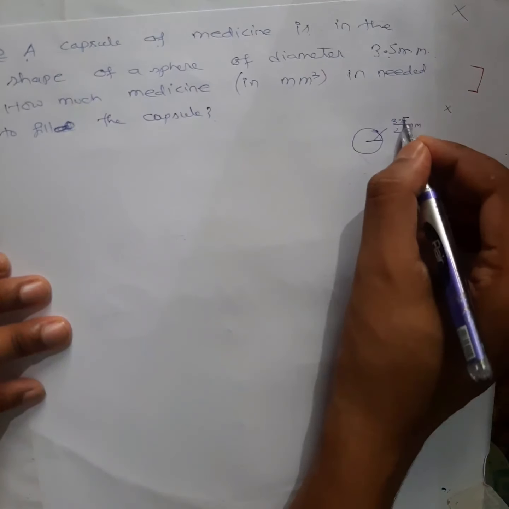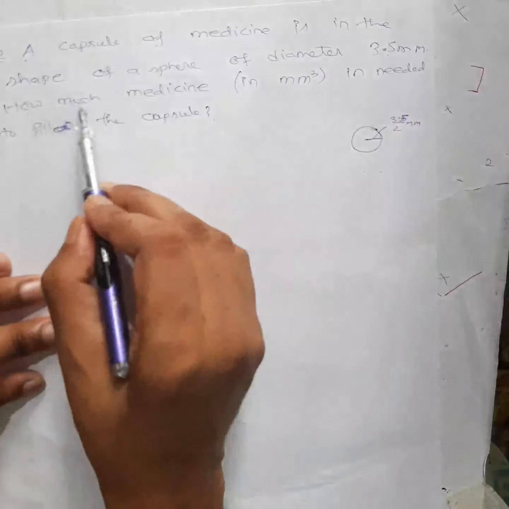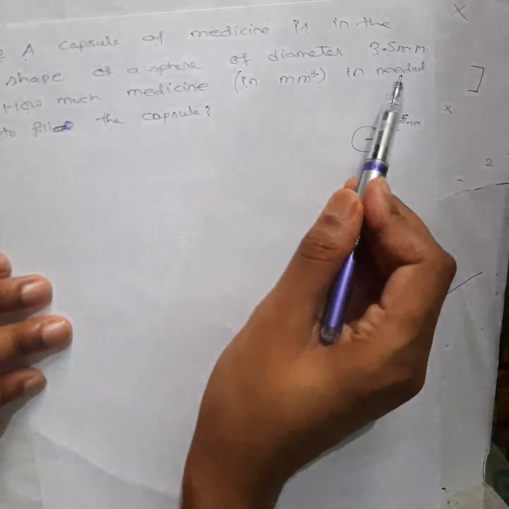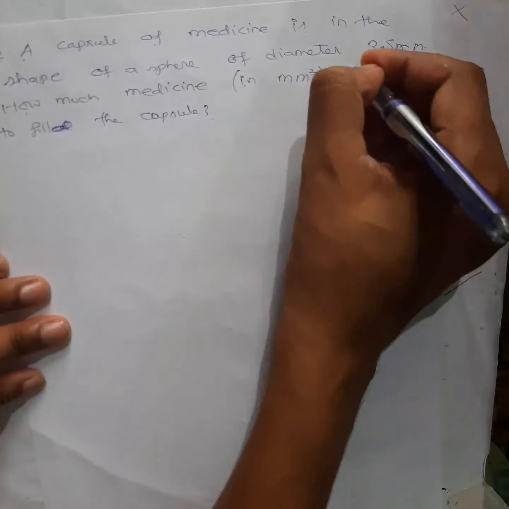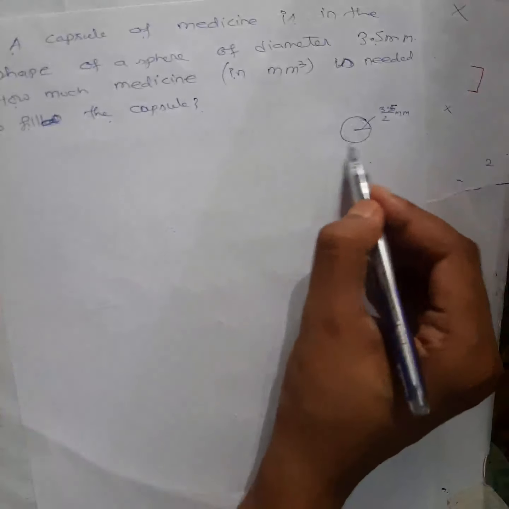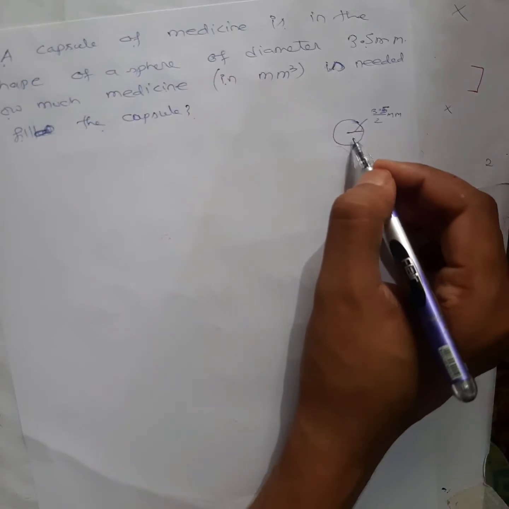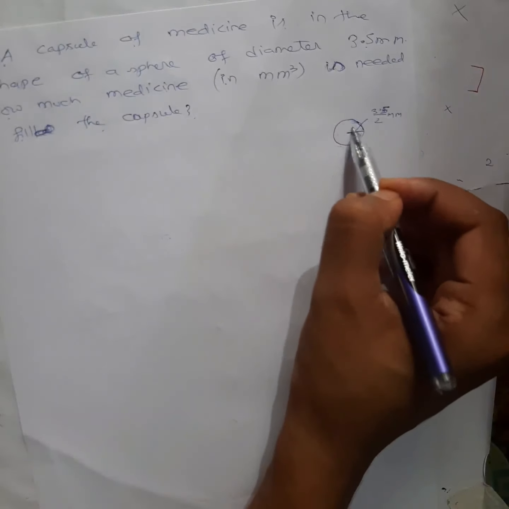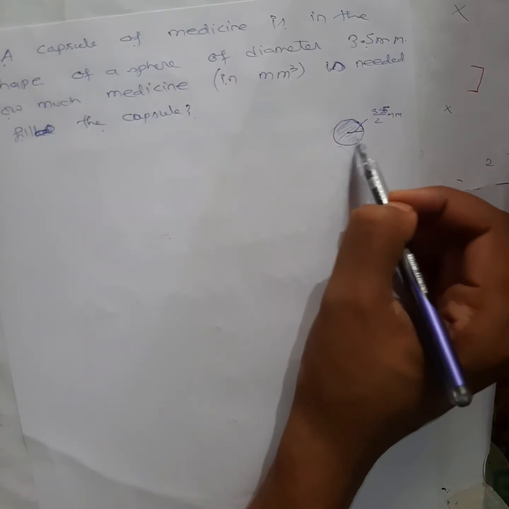Okay. How much medicine is needed to fill the capsule? Now see, inside a capsule you used to have some kind of liquid or medicine, right? Now they are asking how much medicine will be required inside this capsule.